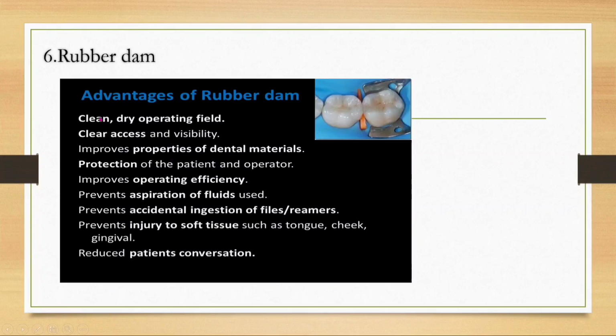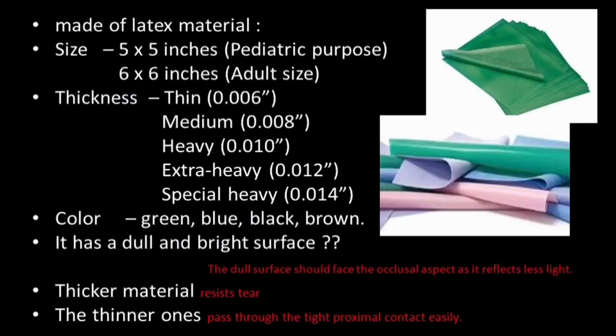So it provides a clean, dry operating field, clear access and visibility, improves properties of dental materials, and gives protection to the patient and operator, improves operating efficiency, prevents aspiration of fluids, prevents accidental ingestion of files, reamers, and prevents injury to soft tissues such as tongue, cheek, gingiva, and reduces patient's conversation.